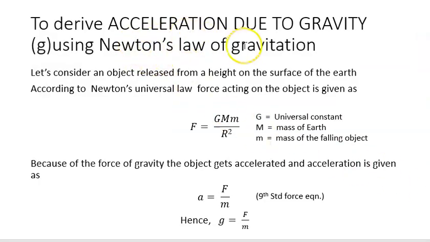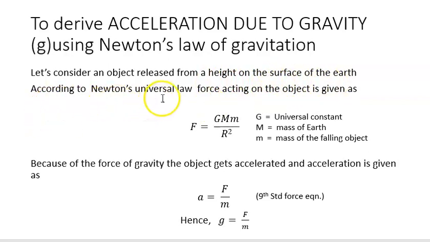To derive acceleration due to gravity, g, we use Newton's law of gravitation. Let's consider an object released from a height on the surface of the earth.